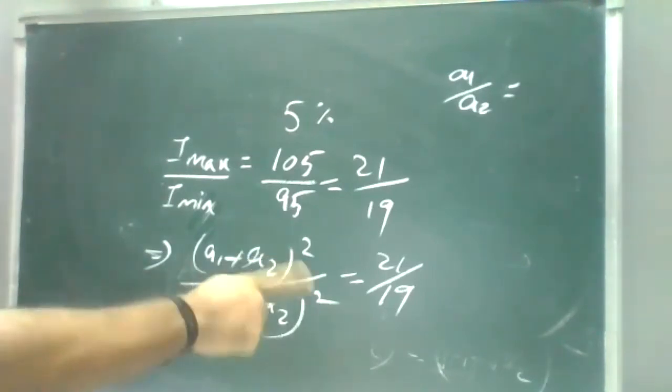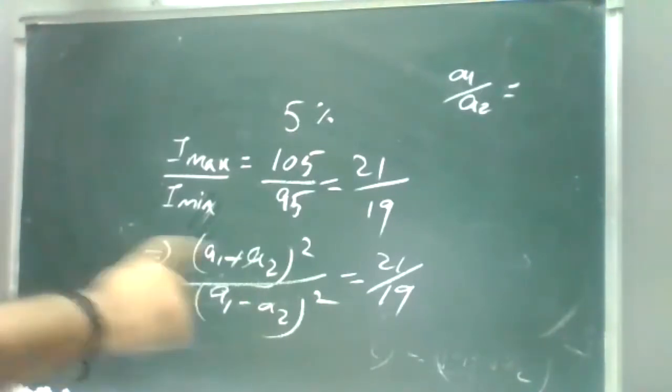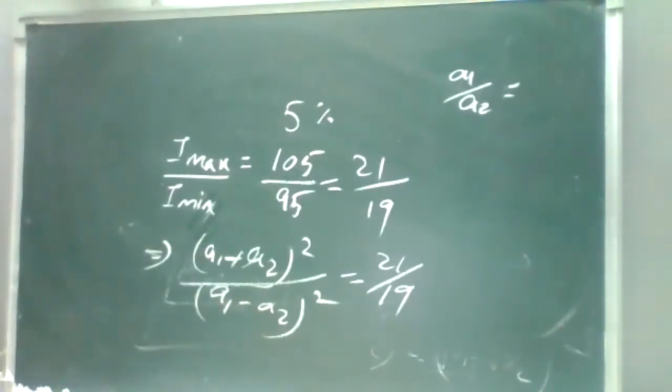On the squares, you can take the square roots. After that, you have to cancel out some terms and cross multiply. You have to solve it.